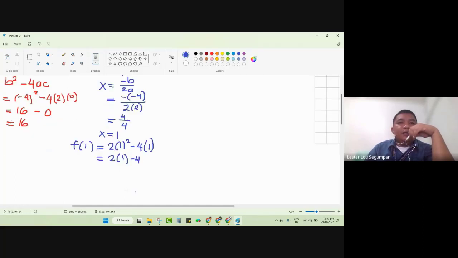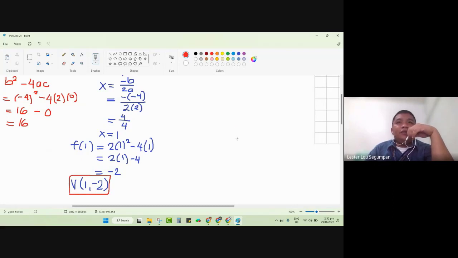And the value for y or f of x should be negative 2. Pairing the two coordinates, you will have the vertex located at (1, negative 2). This is the vertex of your quadratic function.